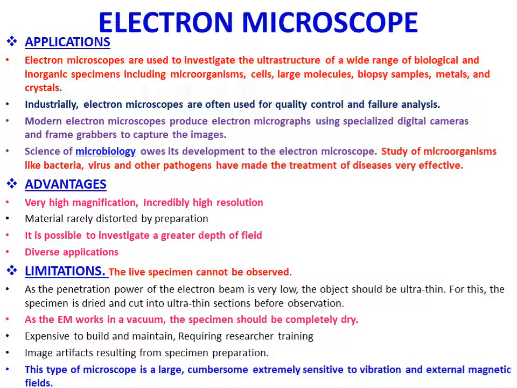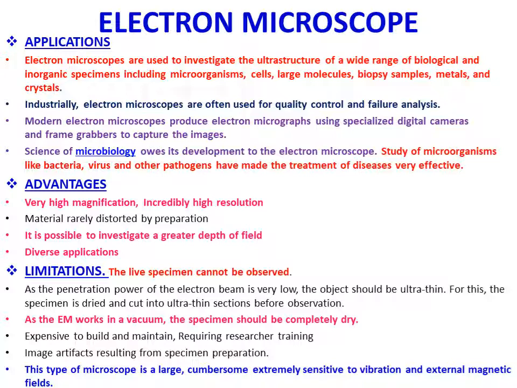Industrial electron microscopes are often used for quality control and failure analysis. Modern electron microscopes produce electron micrographs using specialized digital cameras and frame grabbers to capture the images.